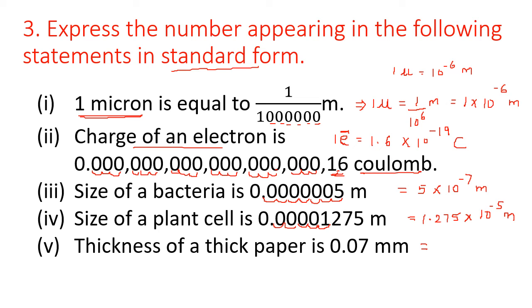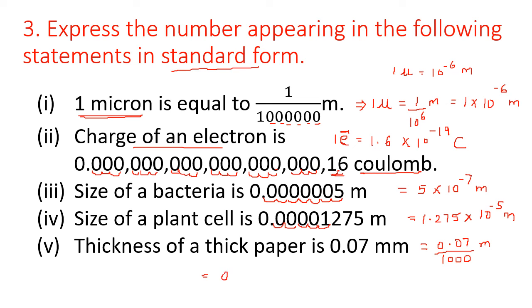Thickness of paper is 0.07 millimeter. Now 1 millimeter is 1 upon 1000 meter, because 1 meter is 1000 millimeter. So I can write 1 upon 1000 meter.